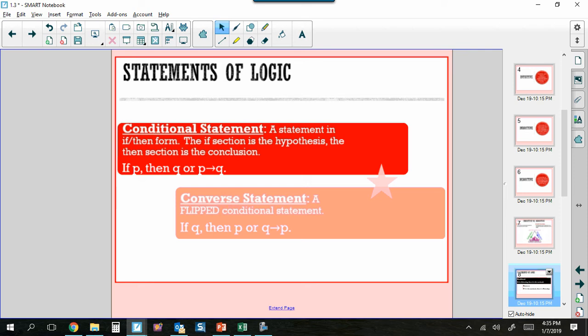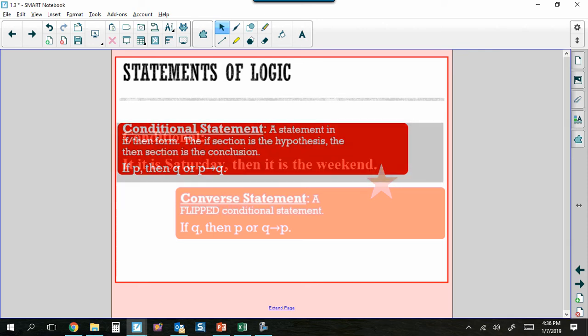Great. So a conditional statement is literally taking information and writing it in if-then form. So we have an example. You have space underneath the line that we would like you to write this in. Talking about something that I think would be very easily shown as a true statement: if you know it's a Saturday, then you know it's the weekend.